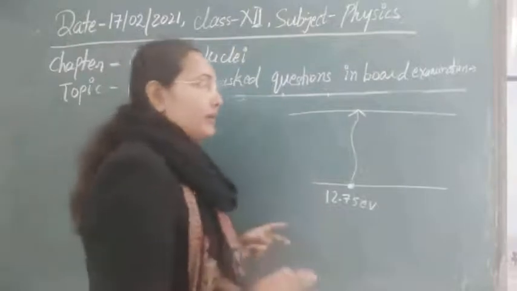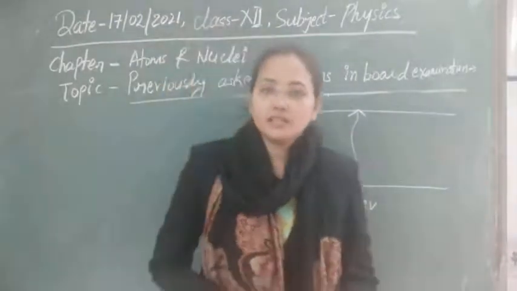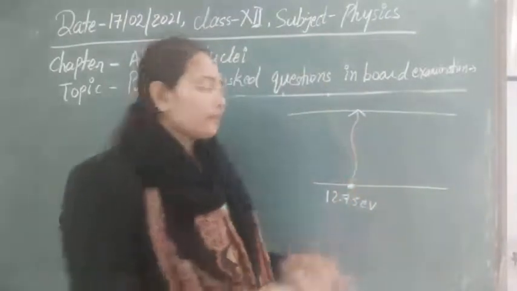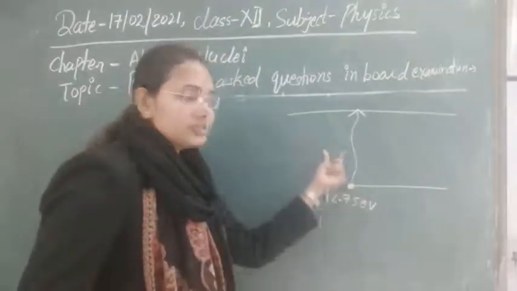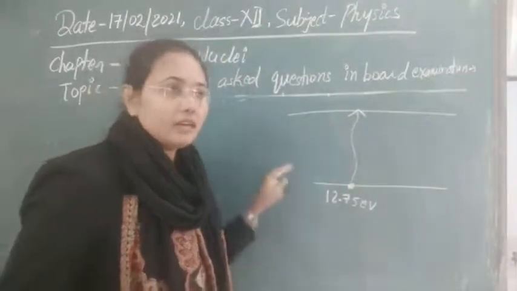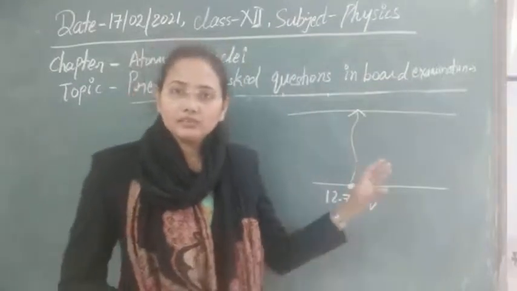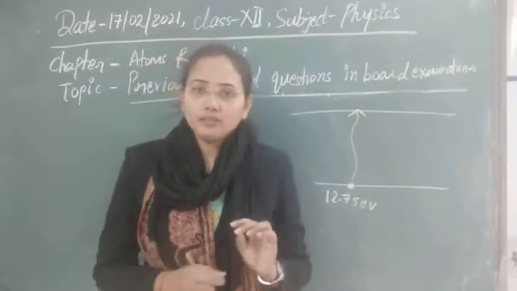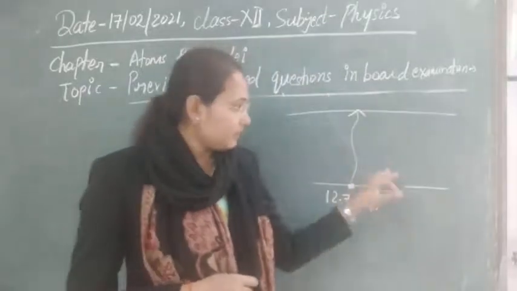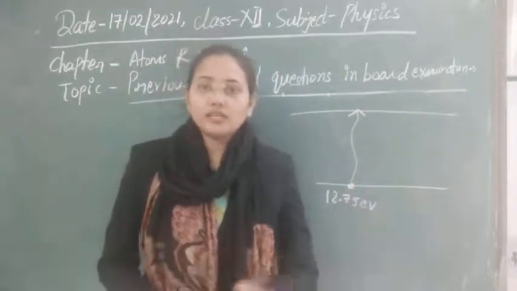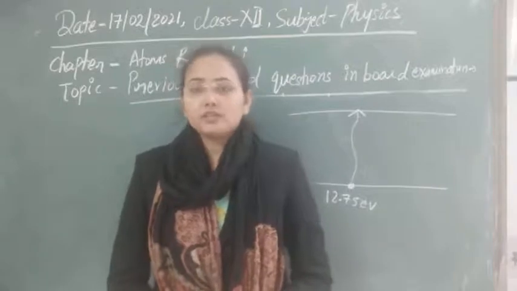Here we have to find out first of all in which excited state it will go. It is very easy to find out. If we are talking about room temperature, then in case of hydrogen at room temperature all of the electrons are in the normal state or ground state.